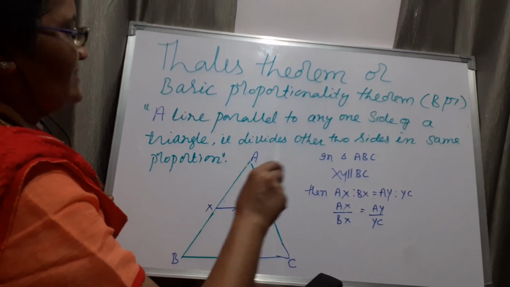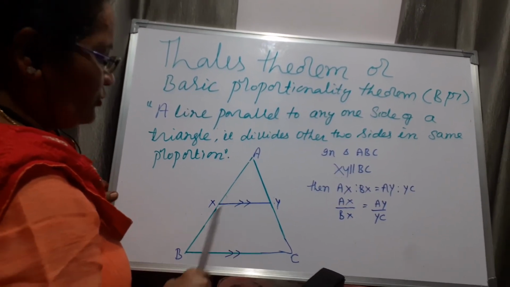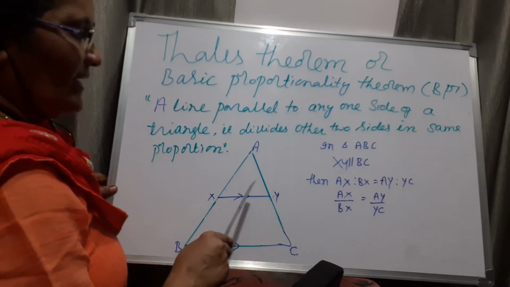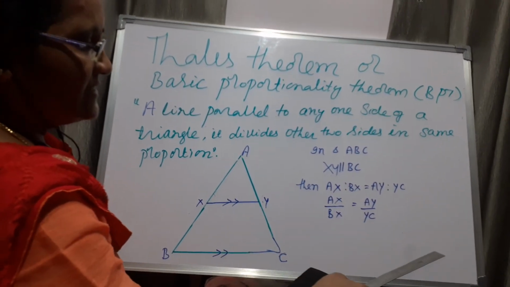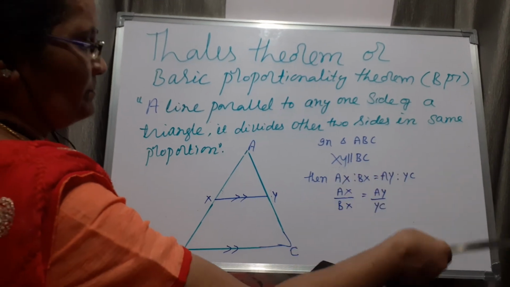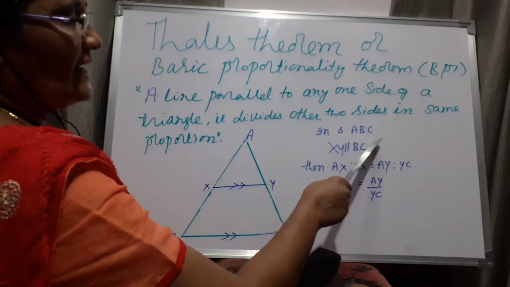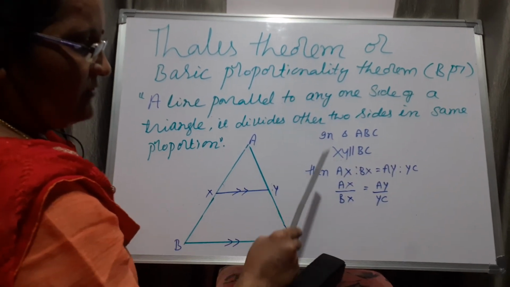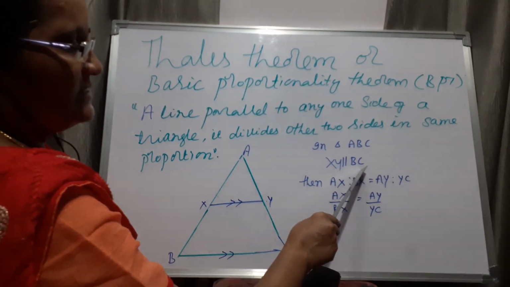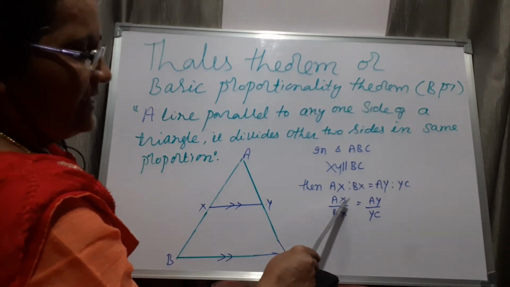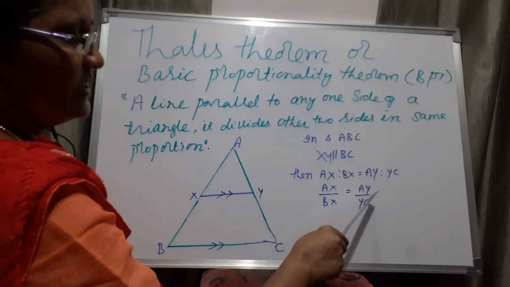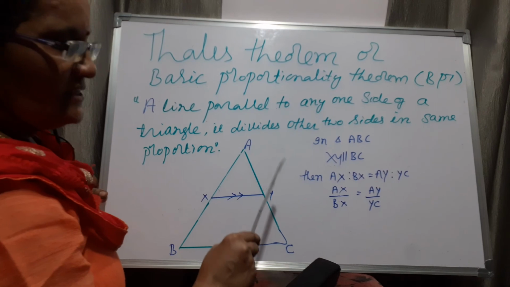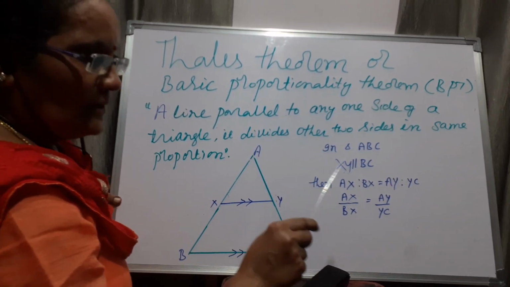That is the Thales theorem. A line parallel to any one side of a triangle divides the other two sides in the same proportion. That is in triangle ABC. It is in verbal form. I have written this in geometrical form: XY parallel to BC, therefore AX by BX is equal to AY by YC. This is very important in solving problems.